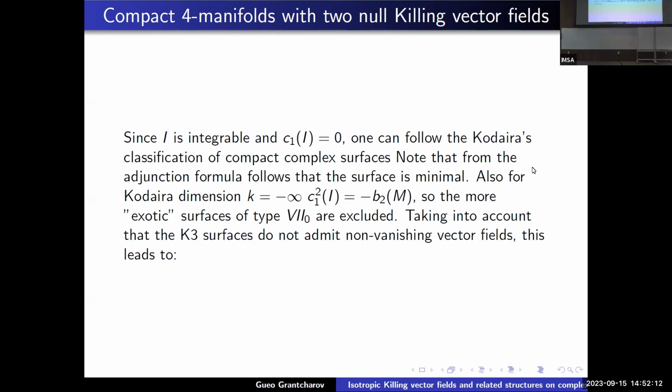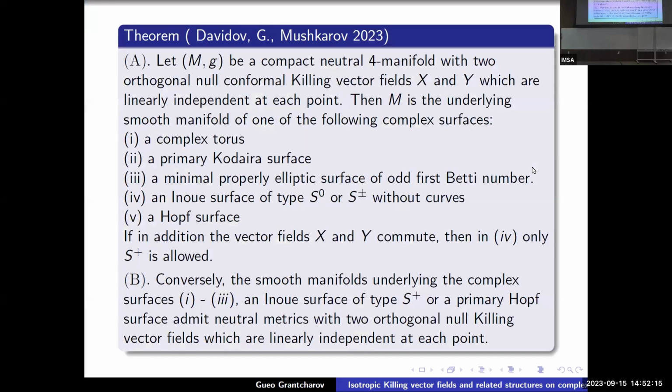Again, one gets that the result eventually looks like this. Now, if one gets this type of neutral, meaning split-signature, manifold, and just conformal Killing vector fields, which are independent, and this is already a big assumption, then the result is that M is diffeomorphic. The underlying smooth manifold is diffeomorphic to one of them.